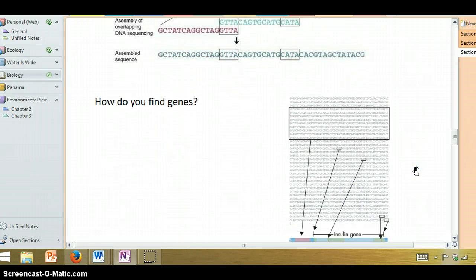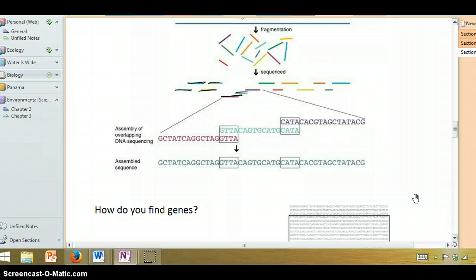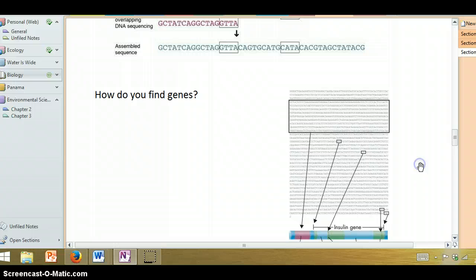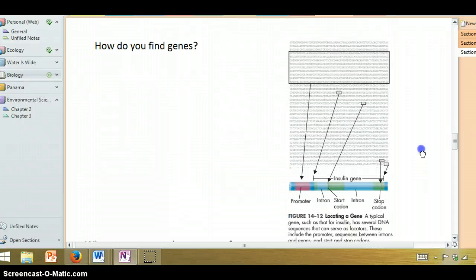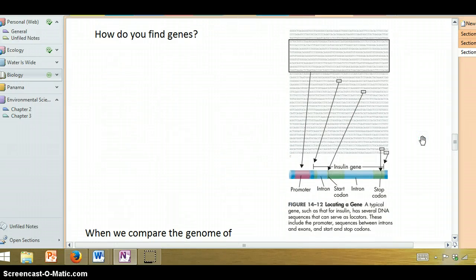Now, once you've got your sequence for a complete chromosome, say, or the whole genome for that matter, how do you find where the genes are? Well, there's a couple different things you can look for. We talked earlier about how genes have a promoter before them, and the promoter, you'll recall, is where transcription factors go when you want to transcribe the gene.